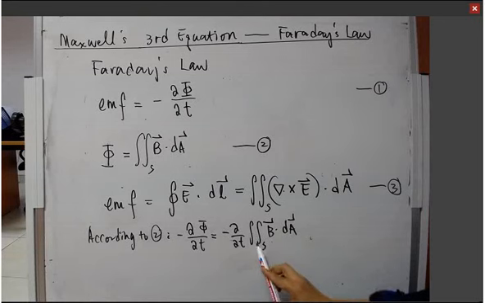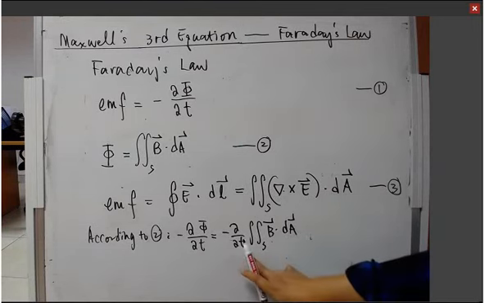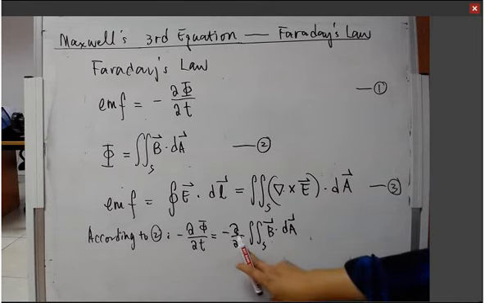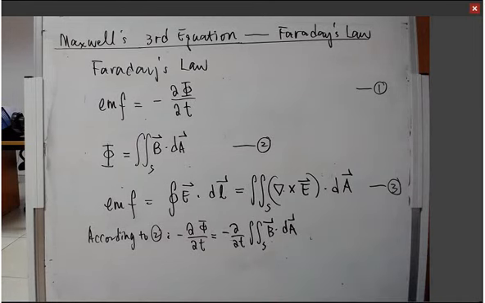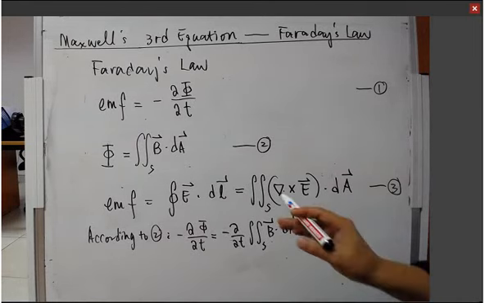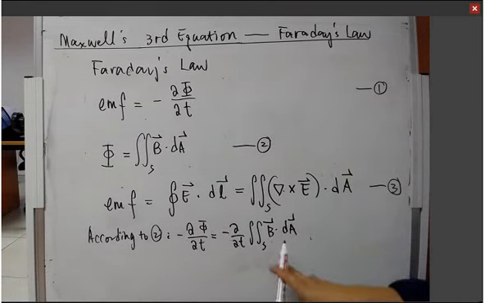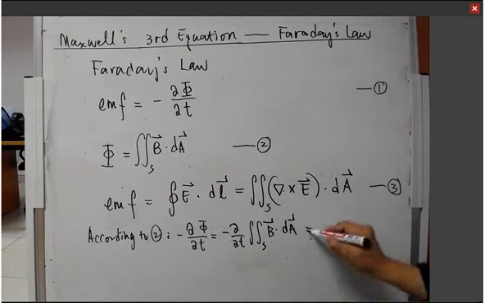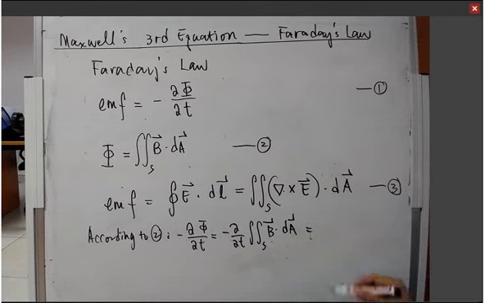We integrate the B field over the area, and then find the time derivative of this integral. So why can't we just find the time derivative first, and then find the area integral?